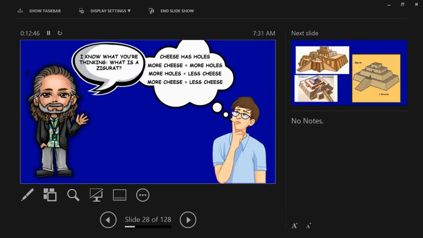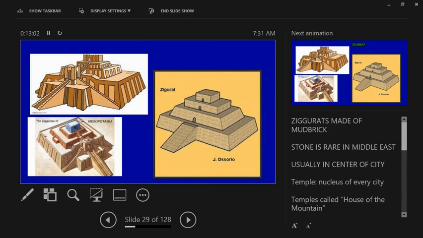So, I know what you're thinking. I bet you're wondering, what is a ziggurat? So this is a ziggurat. Ziggurats are made of mud brick. In the Middle East, stone is rare.